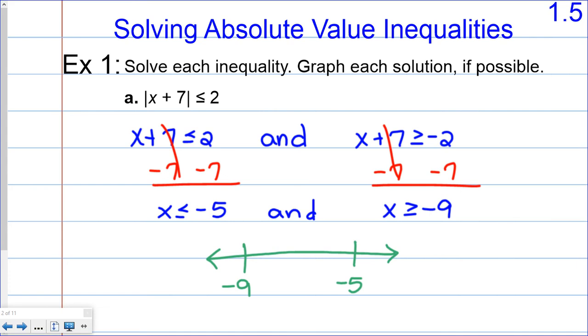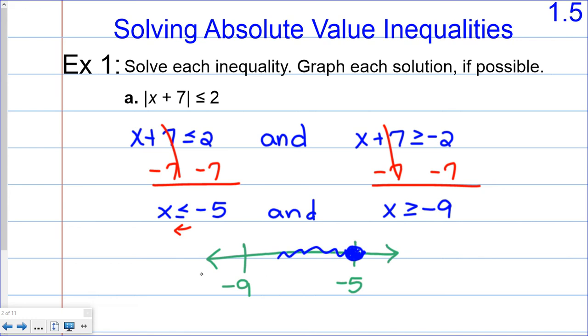Okay, so now we're going to graph this. If I look at x is less than or equal to negative 5, since there's an equal to, I'm going to have a solid dot right here on negative 5, and less than makes it shade to the left. So I'm making sure I go to the left of negative 5.